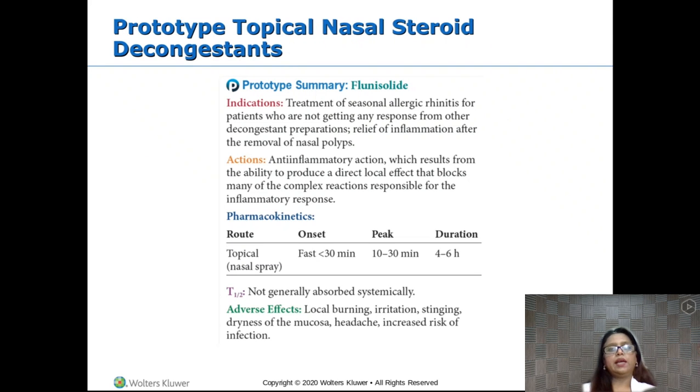Flunisolide is an example, and it could be given for allergic rhinitis, which is inflammation of the nose. Its anti-inflammatory actions result from the ability to produce direct local effects that block many of the complex reactions.